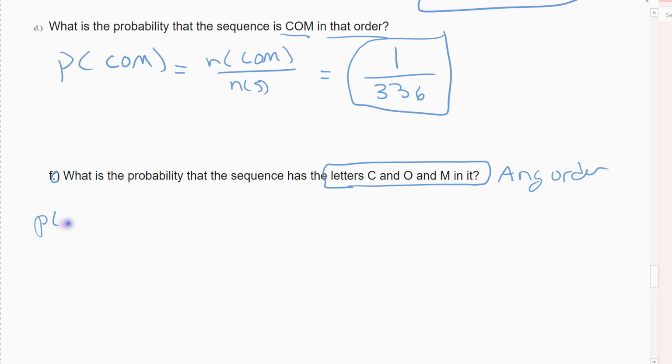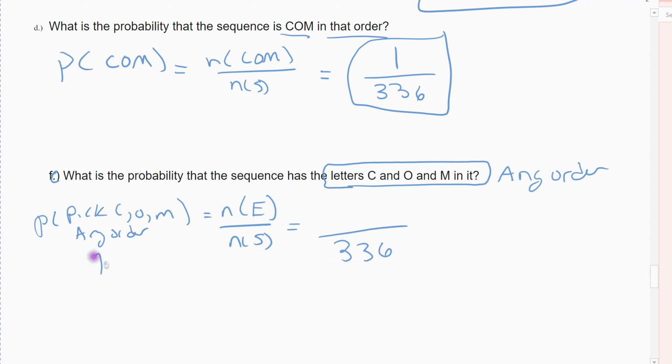Alright, so I want to find the probability. We're going to pick C, O, and M in any order. Well, it's the number of ways in my event over the number in my universal, and my universal is still 336. My event is I'm only selecting those 3 letters in my sequence. So when I'm setting up my event, I have to fill out my 3 spots with those specific 3 letters.